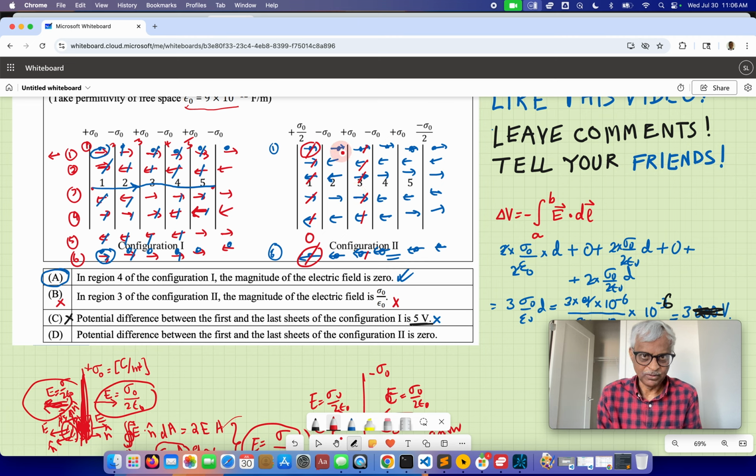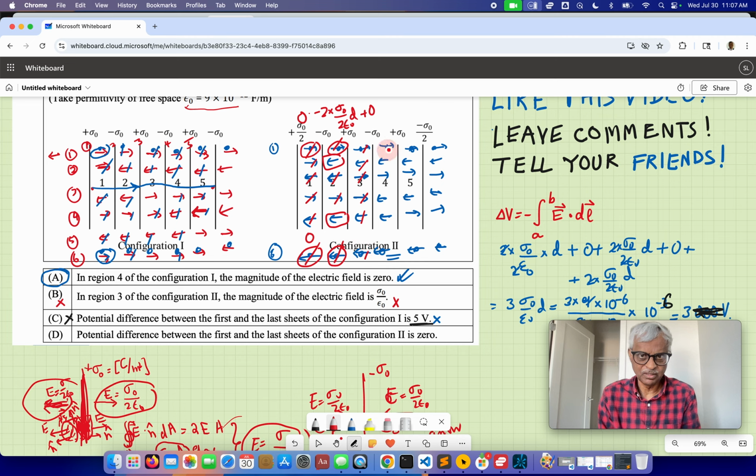Okay, now this cancels that, but these guys don't cancel. They go to the left, but this guy cancels that guy. So in this region I'm going to pick up minus 2 times sigma 0 over 2 epsilon naught d. In the next one this is 0, so it's going to be 0.